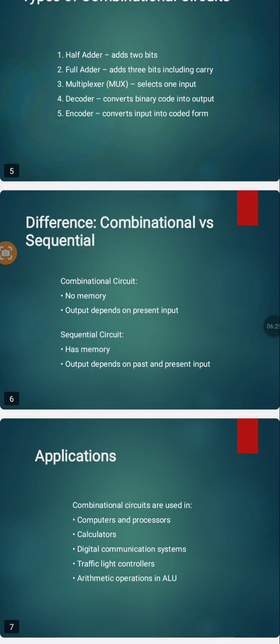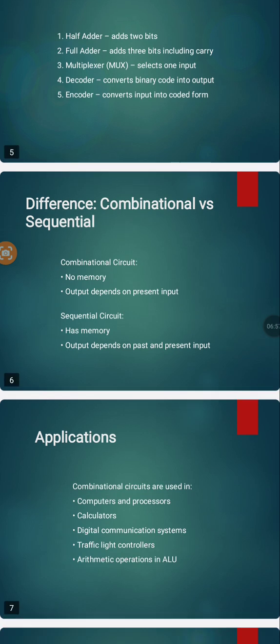Next, we are going to the difference between combinational and sequential circuits. Combinational circuits do not have memory and depend only on present inputs, but sequential circuits are quite the opposite. Sequential circuits have memory and depend on both present and previous inputs. For example, sequential circuits are flip-flops and counters.